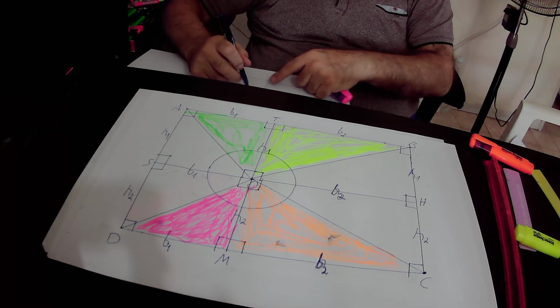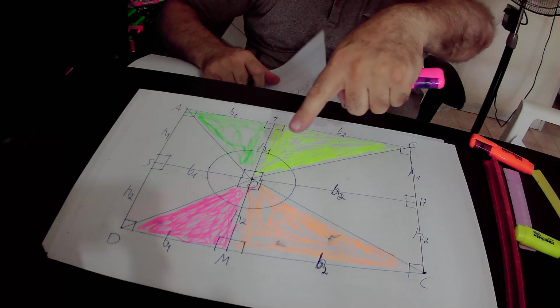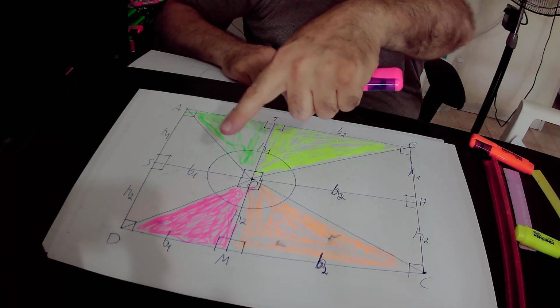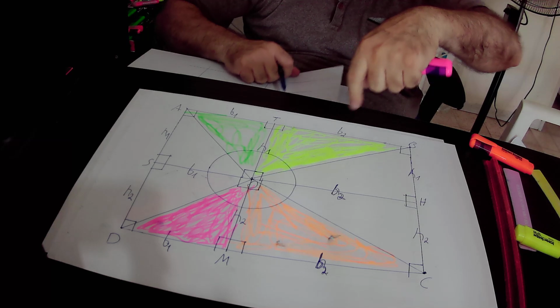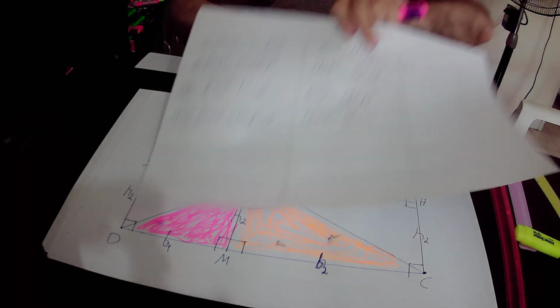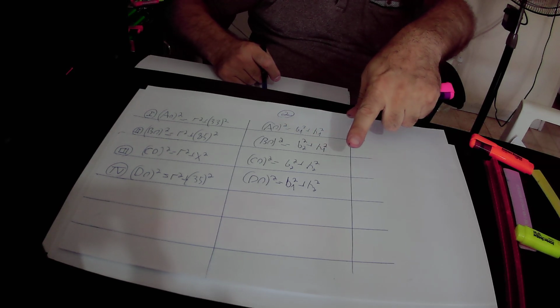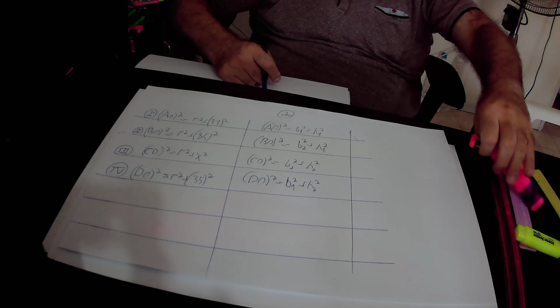I'll repeat again. In the pink triangle ODM, according to the Pythagoras theorem, D whole square equals B1 square plus H2 square.